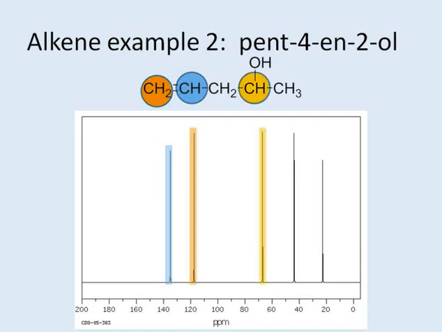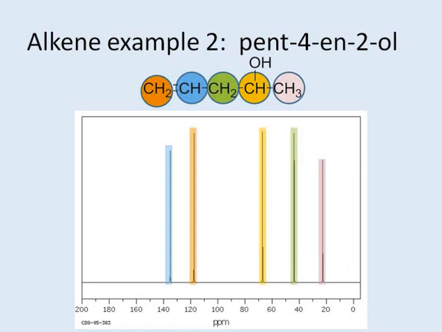Moving upfield, the next peak at approximately 67 parts per million is that of the carbon adjacent to the OH group. Remember, carbons with substituents such as OH, bromine, chlorine and NH2 tend to appear in the region between 35 to 100 parts per million.